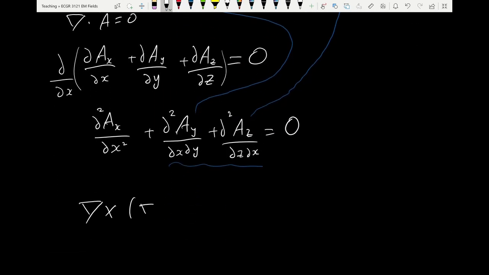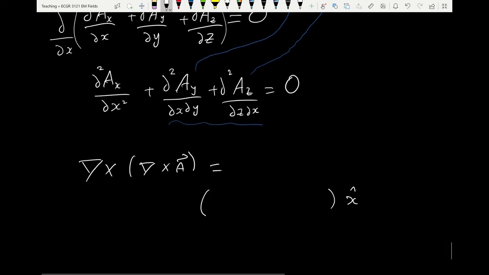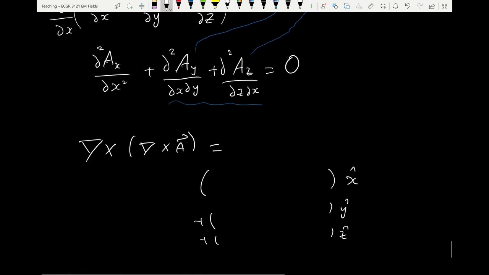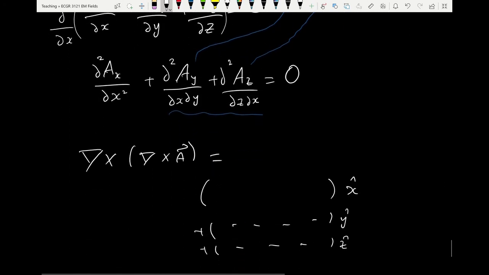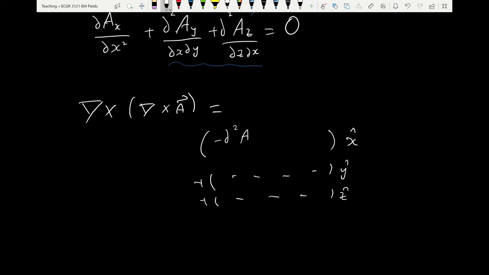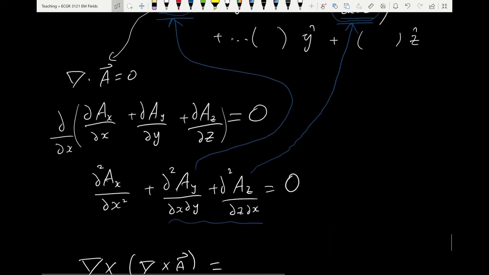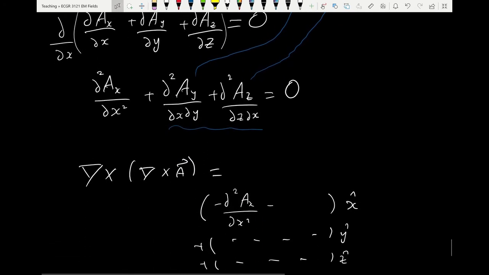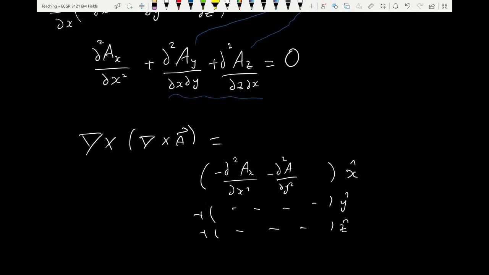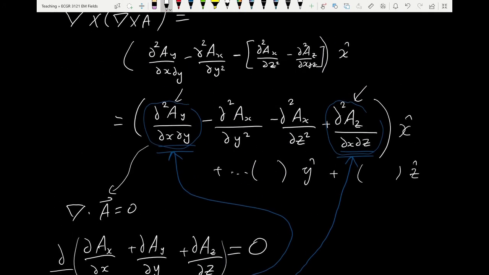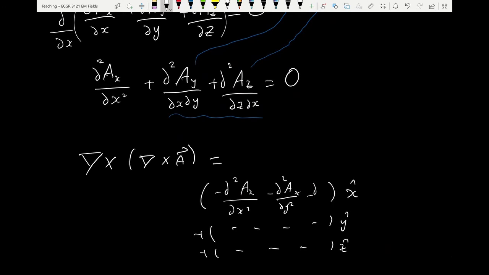So that tells me that the x component of the double curl, ignoring the y hat and z hat components for now, has instead of those two terms, minus ∂²Ax/∂x², and then the other two terms, which are minus ∂²Ax/∂y², sorry, Ax, right, minus ∂²Ax/∂z².